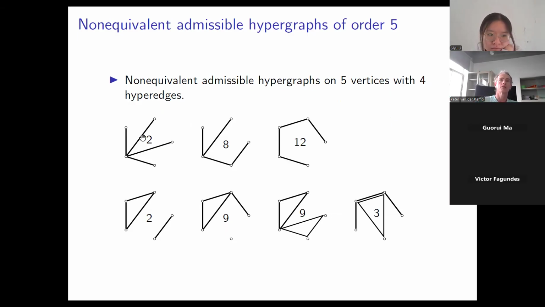So here you can see this is actually a tree system. There is another hypergraph that is not a tree system, but it's LV equivalent. It's in the same class. So we consider that to be a tree system. This is also a tree system. That is a tree system. There are 12 other hypergraphs that are not trees, but they're all LV equivalent to this one.